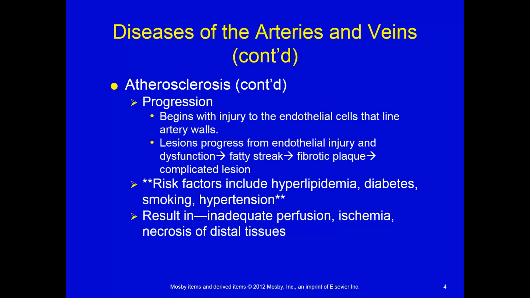Why might a foreign object inside the arterial wall, be it the beginning stages of a fatty streak or a more progressed fibrotic plaque, what other things may come to that site, this damage on the endothelial wall? What other things would you expect, given your knowledge of inflammation, would come to that site inside the vessel as well?